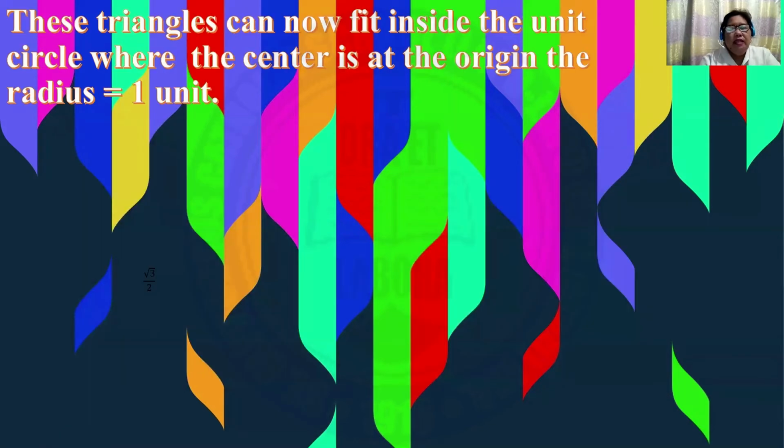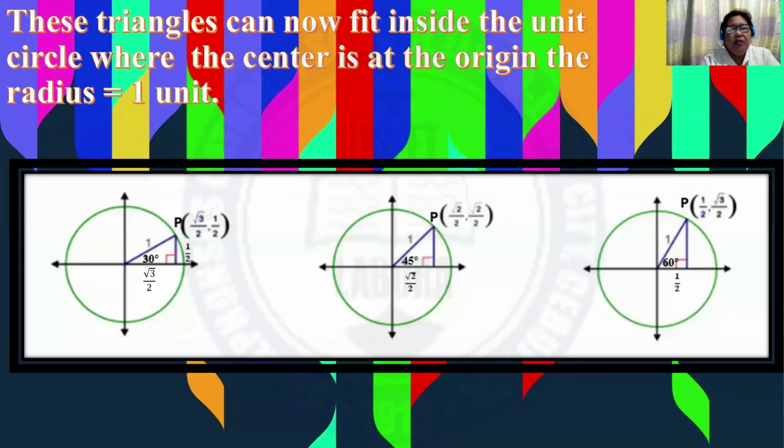These triangles can now fit inside the unit circle where the center is at the origin and the radius is equivalent to 1 unit. The first one, we have a 30, 60, 90 triangle. So this side is equivalent to square root of 3 over 2, and the other is equivalent to 1/2.